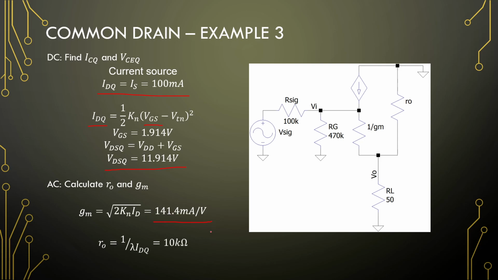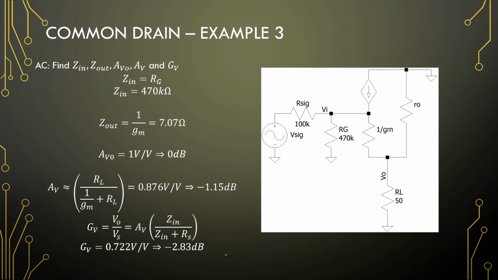Transconductance 141.4 milliamperes per volt, output impedance of 10 kilo ohms. Okay, output impedance is now 1 over GM because the perfect current source has no RS, so it will be closer to 1 over GM, so 7.07 ohms.